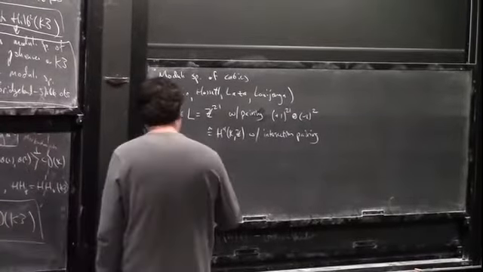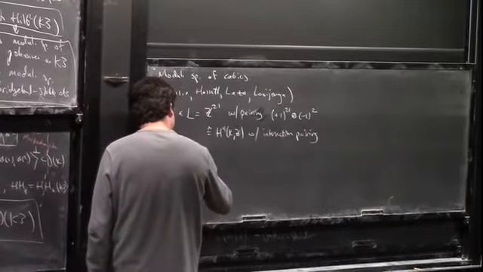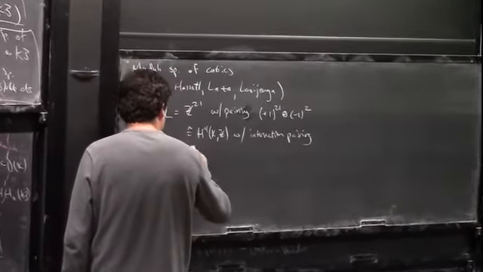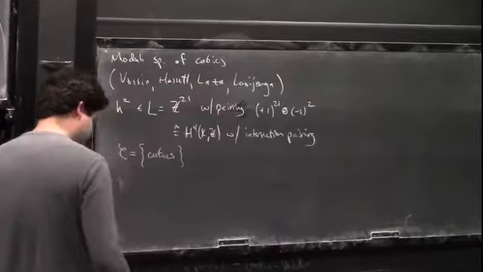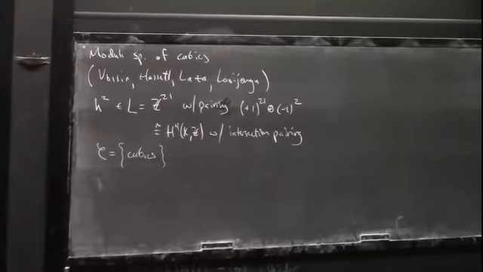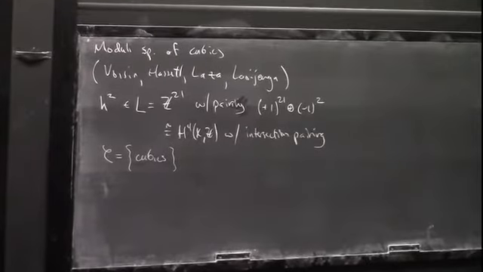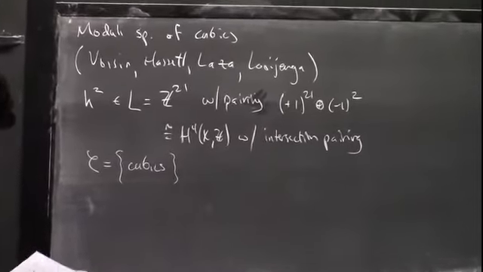And I'm going to consider the map from C, which is the moduli space of cubics. You can just take all cubic polynomials, you take the open subset that gives you smooth ones, and you mod out by GL6.